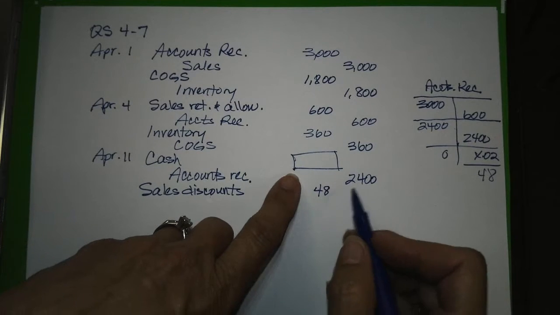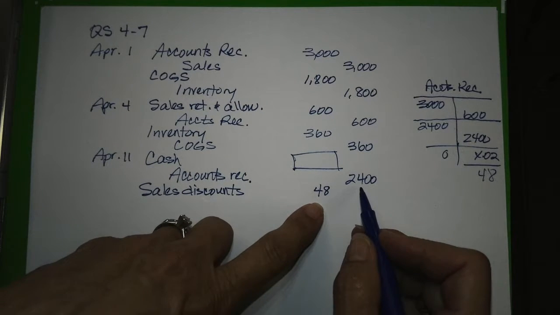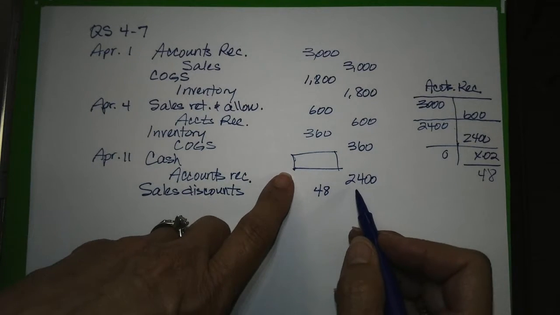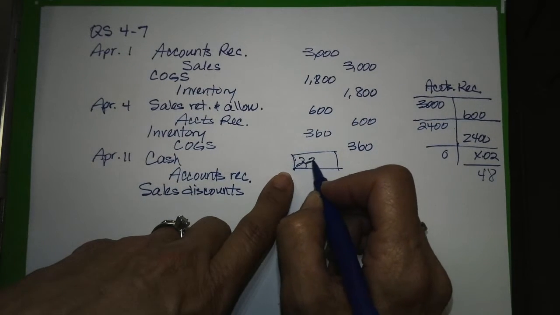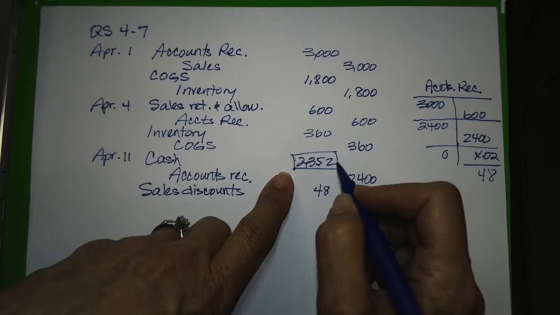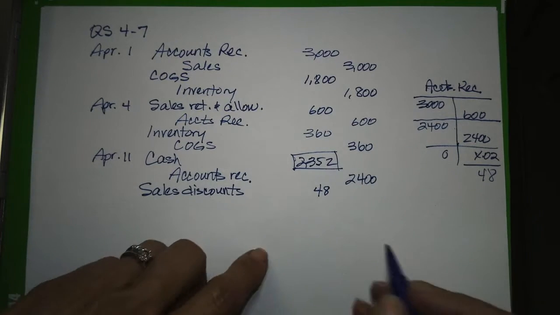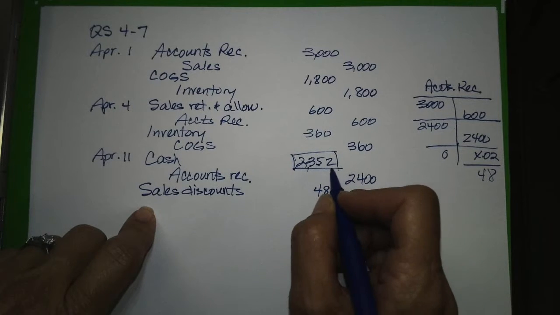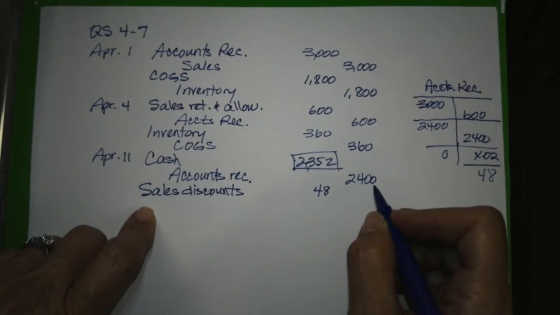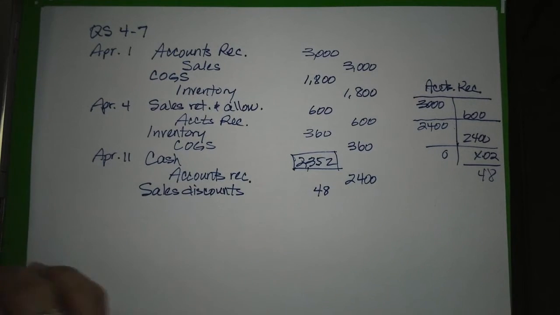So how much cash are they going to pay us? $2,400 minus 48, so I think that would be $2,352. Yeah. Okay, so see, $2,352 is what we collected on a $2,400 balance. Okay? Okay, that takes care of that problem.